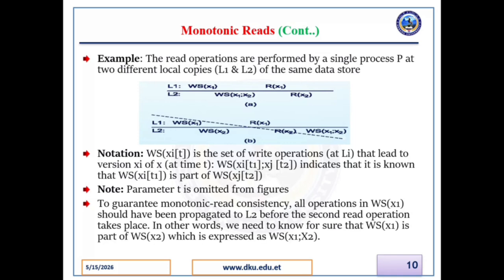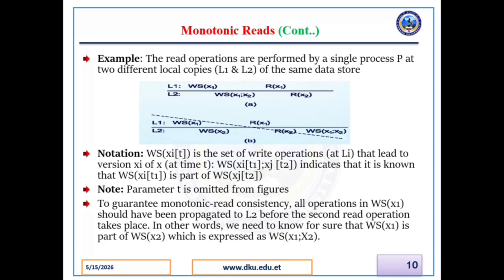See the notation here. The set WS(xi[t]) is the set of write operations at local copy Li that lead to the version xi of x at time t. That means WS(xi[t1]; xj[t2]) indicates that it is known that WS(xi[t1]) is part of WS(xj[t2]).